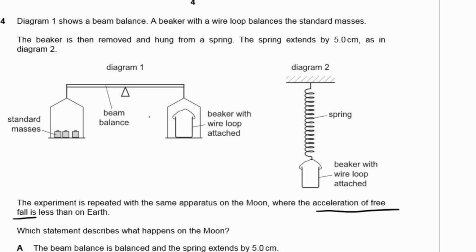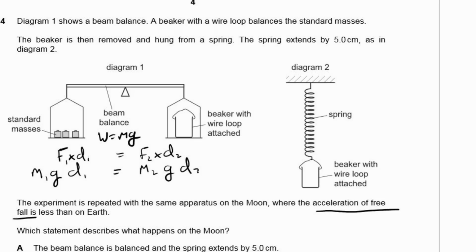Okay, so let's look at that. Let's look at the first one. What do we know? We know that weight equals mass times gravity, and here we've got two forces acting which both produce a turning effect. They're balanced. So what do we have? We've got force 1 times distance 1 equals force 2 times distance 2, and of course the force on each side comes from the weight. m1 times g times d1 is equal to m2 times g times d2.